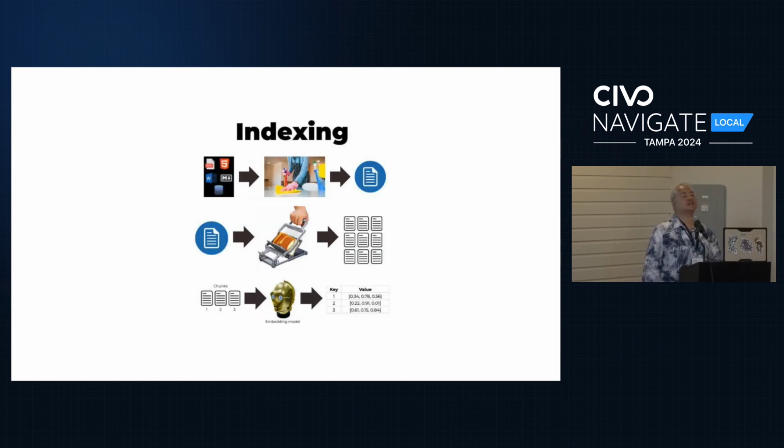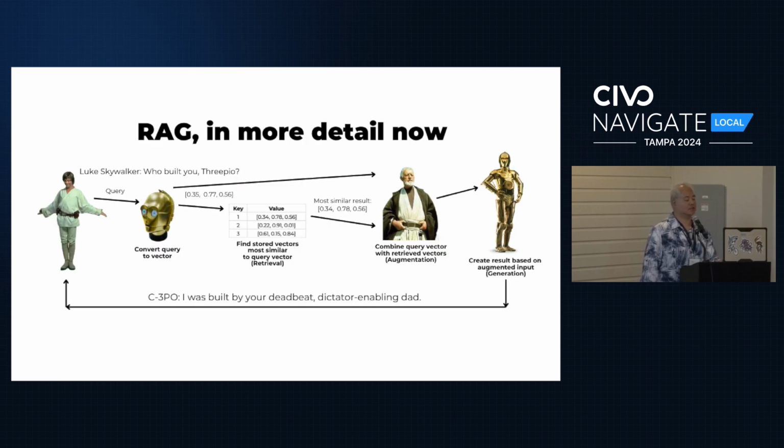That entire process, the cleaning, the chunking, the embedding, is a process called indexing. And if we go back to Star Wars now, this is a closer representation of how RAG works. We take the user's prompt and convert that into a vector, and we run a similarity search on our store of vectors from our external data.